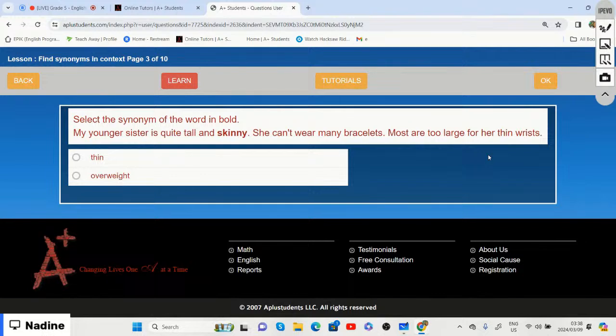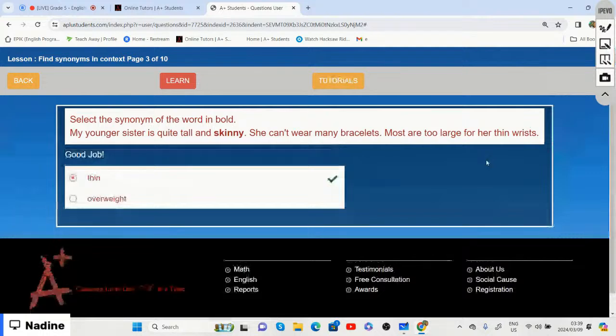Another word for skinny. Is it thin or is it overweight? If someone is skinny, they are thin, right? Skinny means that you are thin.